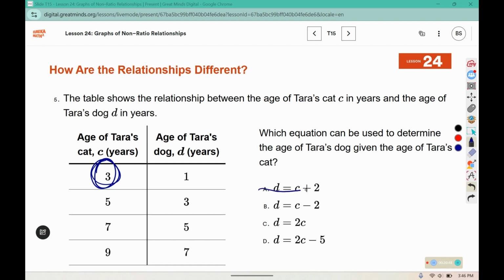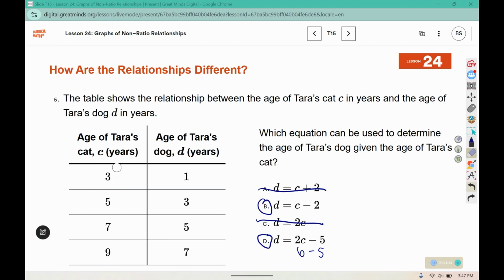Not 1, so it can't be A. 3 minus 2 is 1, so it could be B. 3 times 2 is 6, not 1. 3 times 2 is 6. 6 minus 5 is 1, so it might be D.